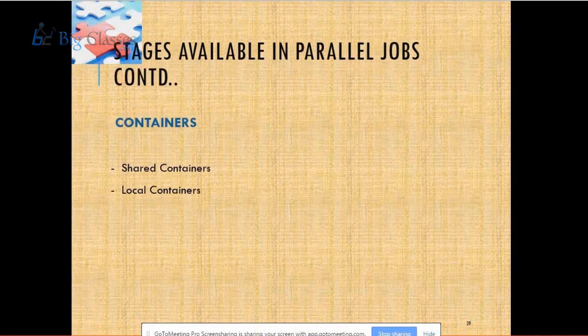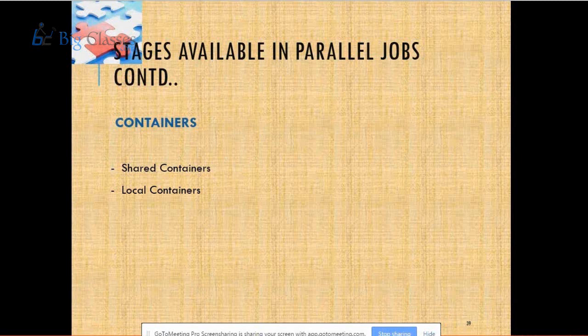We have something called containers in DataStage, which are shared containers and local containers. There are two types of containers. A container is a place where you can have a reusable component, so you can reuse it again and again.